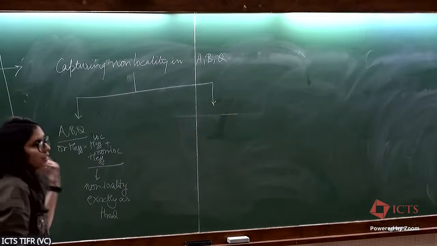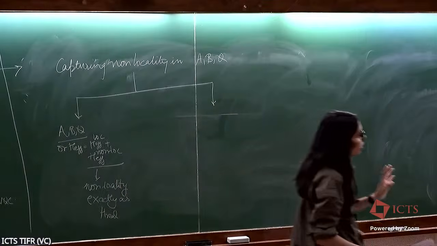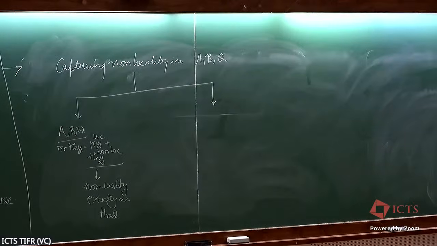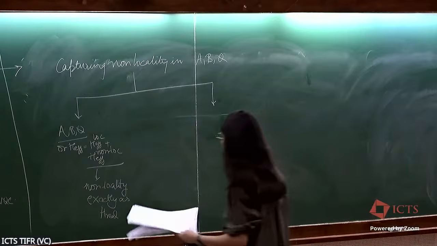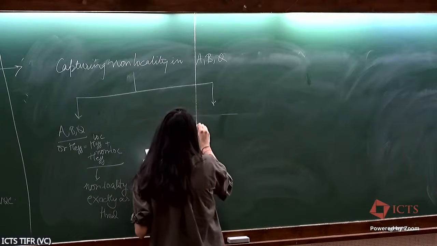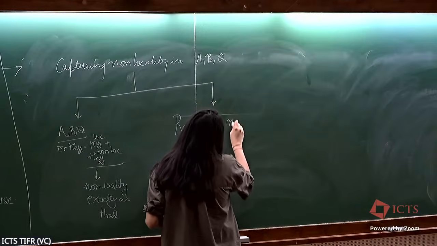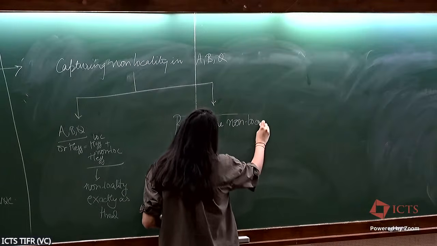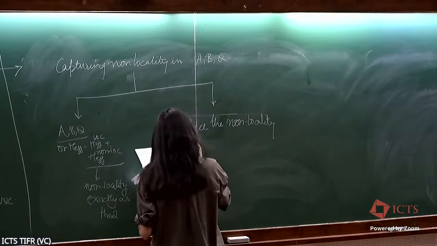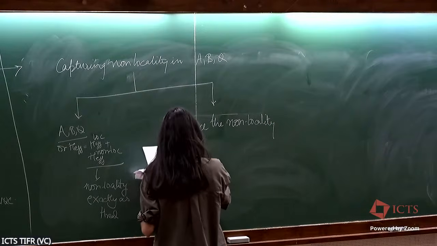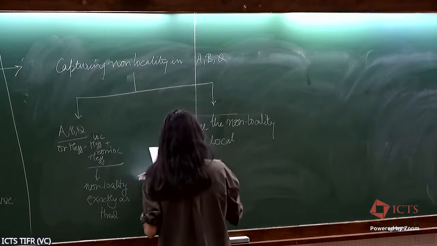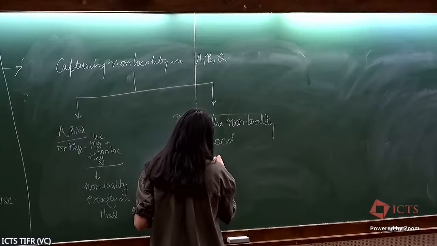That's one way. The other way is, if somehow I can reduce this non-locality into a local thing, then I should be able to do the matching, because I know how to match the effective Hamiltonian to the real Hamiltonian if there are only local contributions. So the second approach is to reduce the non-locality into local and then do the mapping.